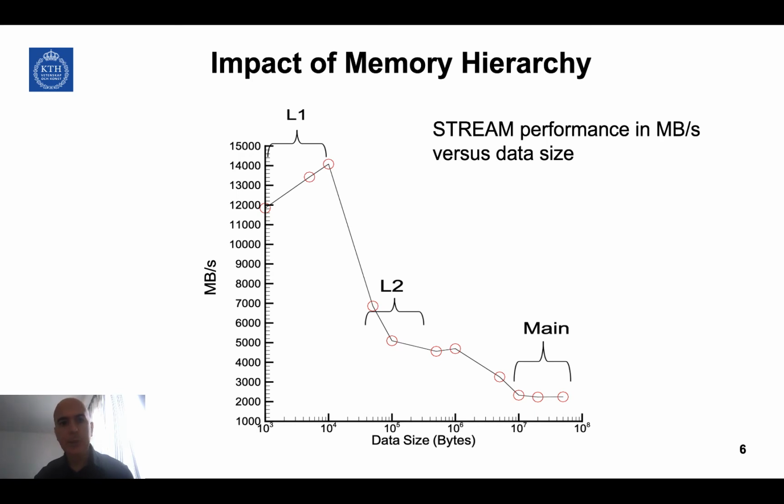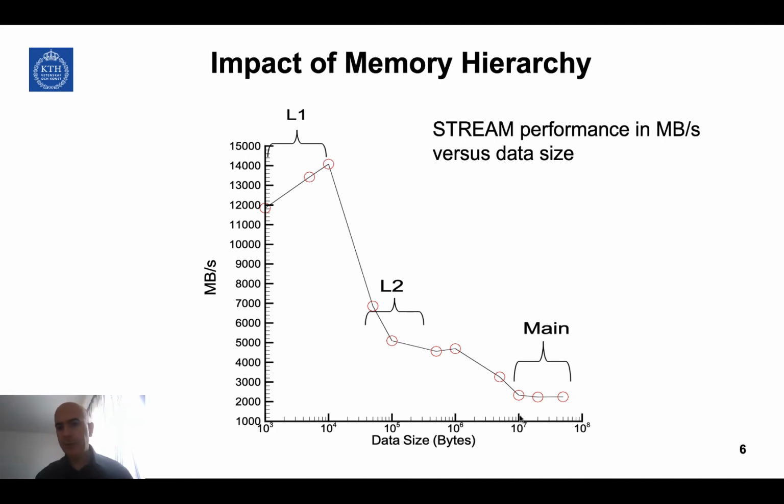This structure is due to the memory hierarchy. For small data sizes, in this region here, the data fits into the L1 cache, and the L1 cache has a high bandwidth. For intermediate values, the data fits into the L2 cache, so the bandwidth is still comparably high, but lower than the L1 bandwidth.